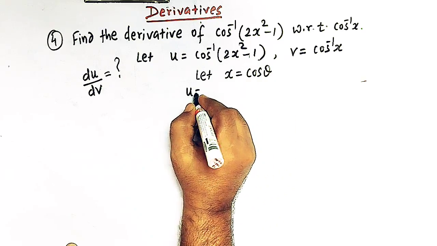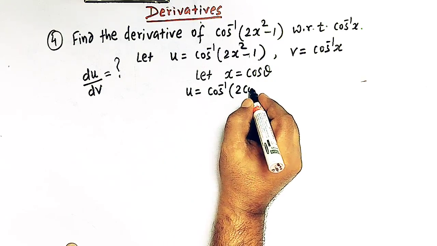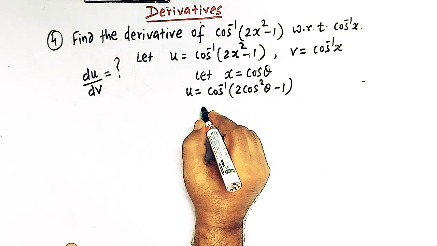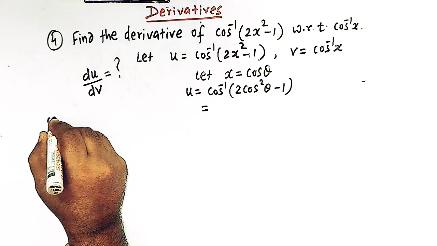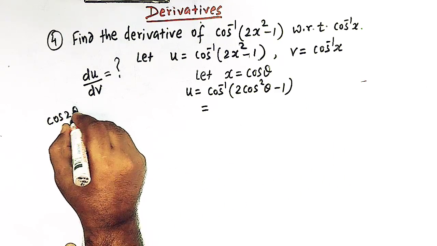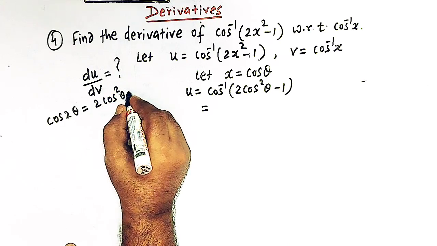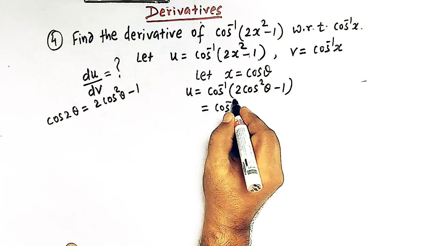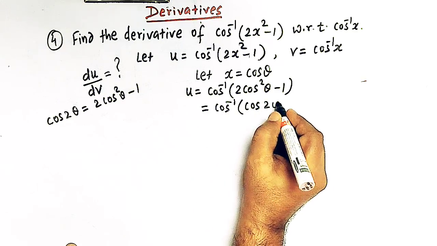So we have u is equal to cos inverse, and here we have 2 cos square theta minus 1. And from trigonometry we know that the double angle formula for cosine function is given by 2 cos square theta minus 1, right? So we have cos inverse, and here we have cosine 2 theta.